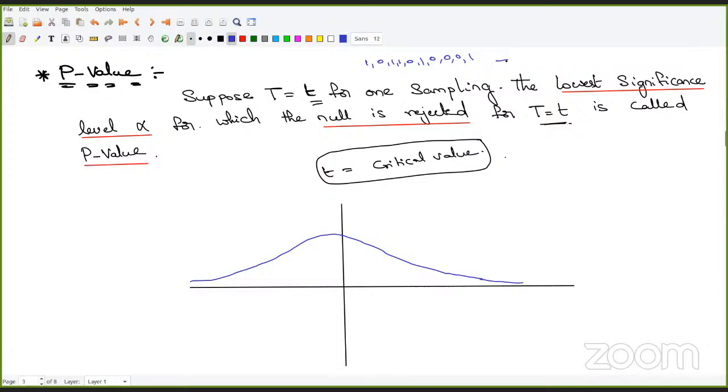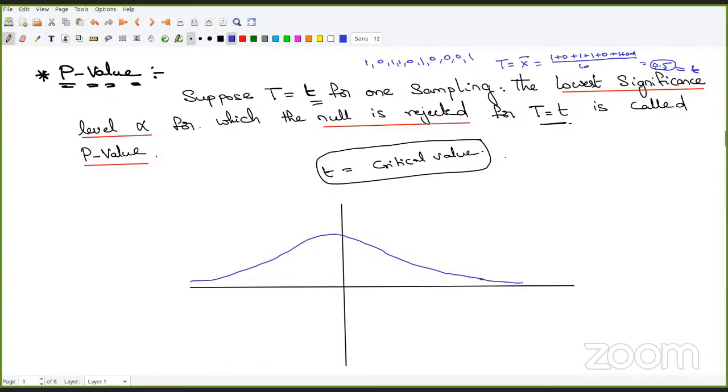If your t is the sample mean, then the value of t will be 1 plus 0 plus 1 plus 1 plus 0 plus 1 and so on, divided by 10. There are 5 ones, so it will be 0.5. This 0.5, the statistic value, we refer to as small t.